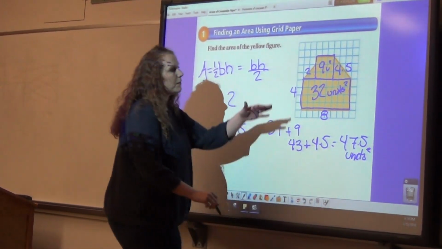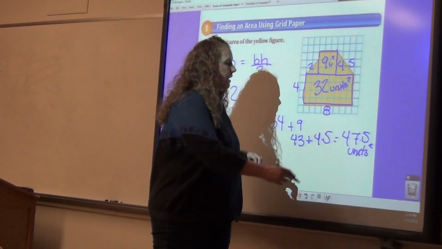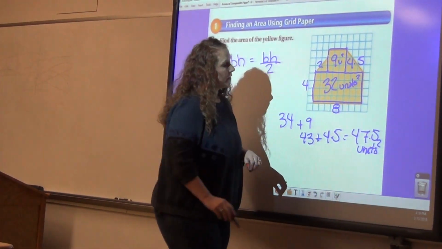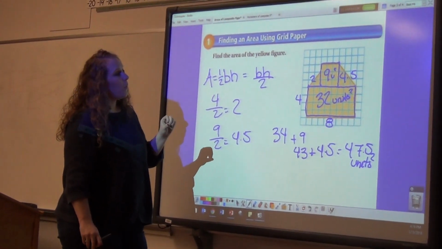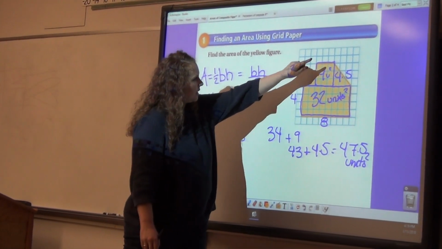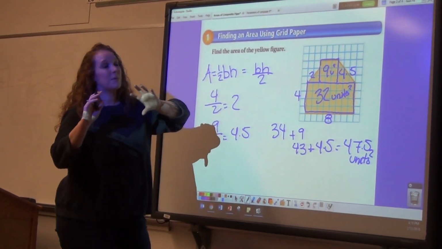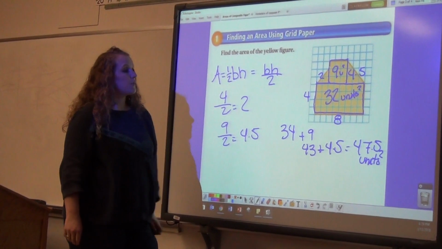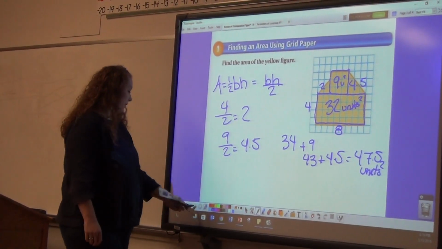If you don't have what the units are, always just write units, and that does not look like a squared, but that is squared. So 47.5 units squared. Did I add them all up? Got 32, got the 2, got the 9, 4.5. Make sure that you get all the pieces, because it's really easy to forget some of the pieces. So our answer here is 47.5 units squared.